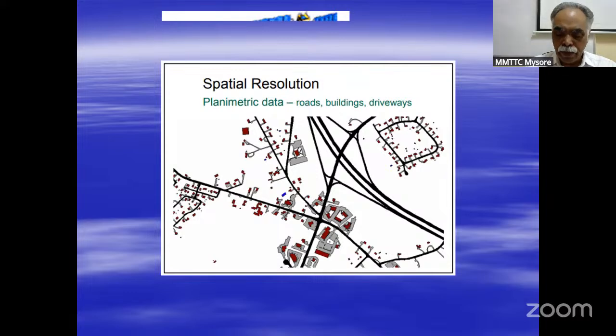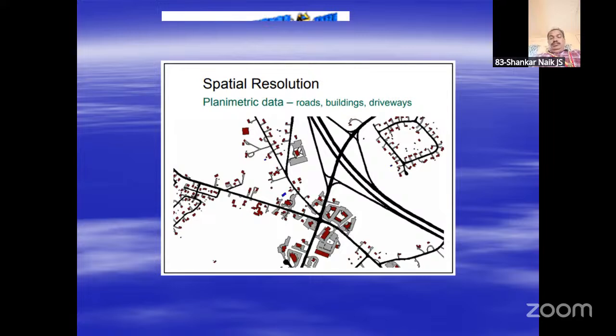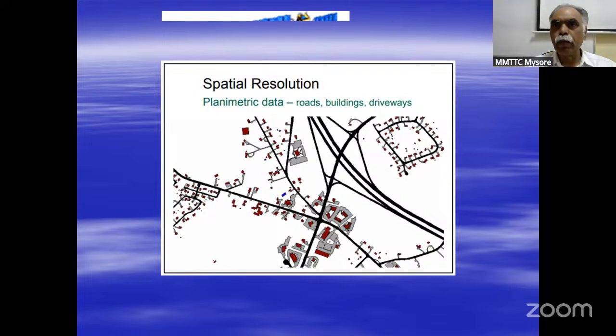So earlier in the very initial stages of the remote sensing technology, the spatial resolution was very low. You know that our smartphones also have pixels. Pixels means picture element. So each pixel will have one particular information or one particular color.